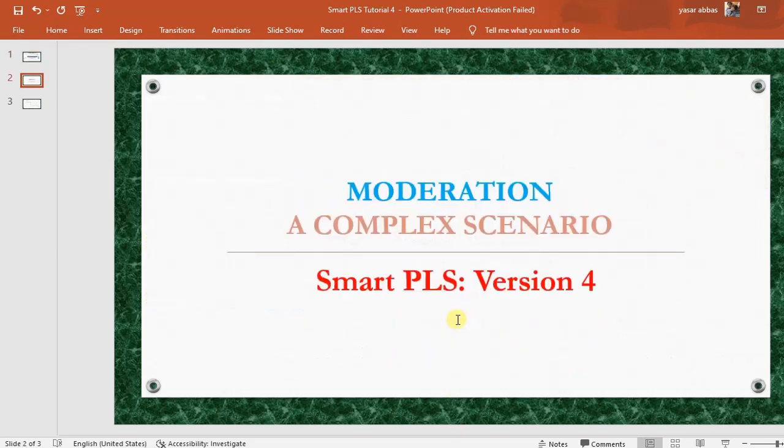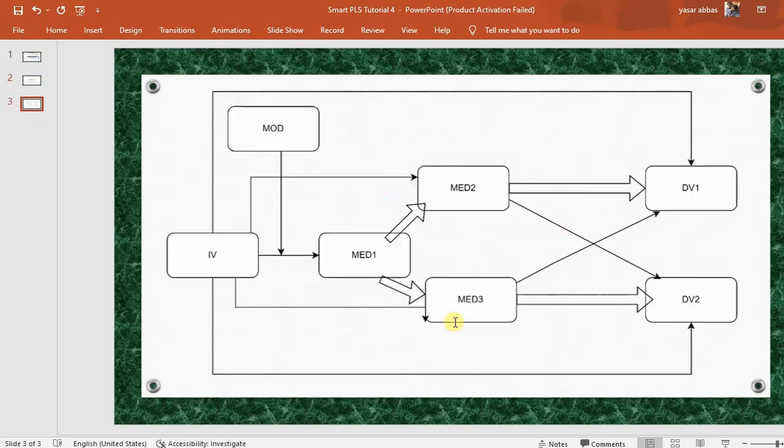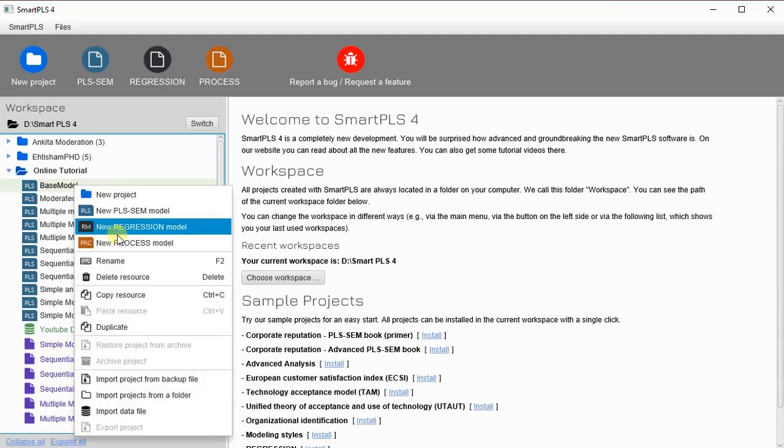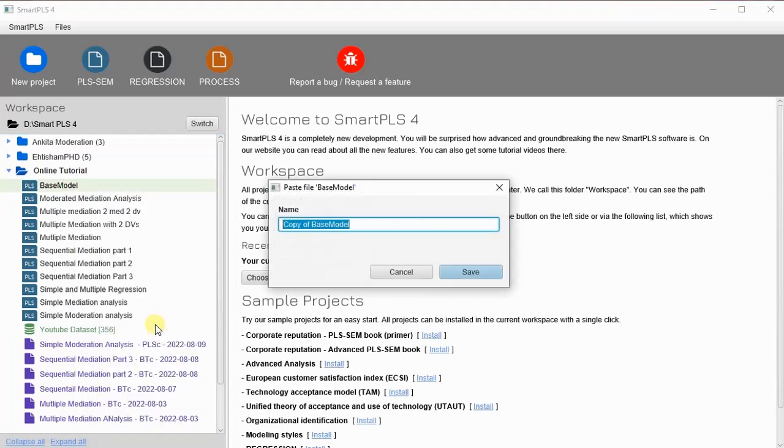In this example, I am going to explain a moderation analysis, a complex scenario. A complex scenario could be that most of the time we have different moderation effects and different mediation effects between the variables, and how easily can we perform this analysis in our complex analysis or moderation in SmartPLS.